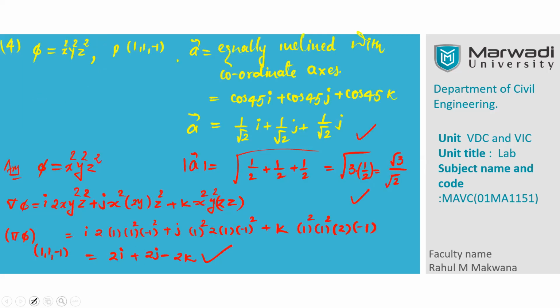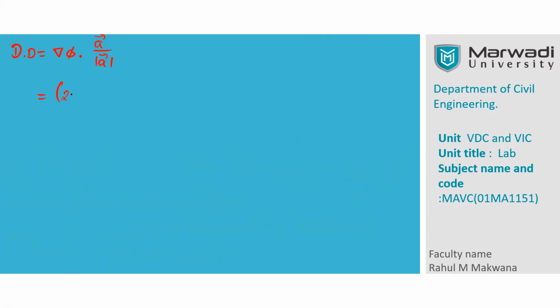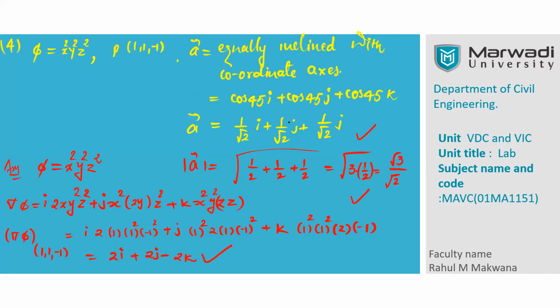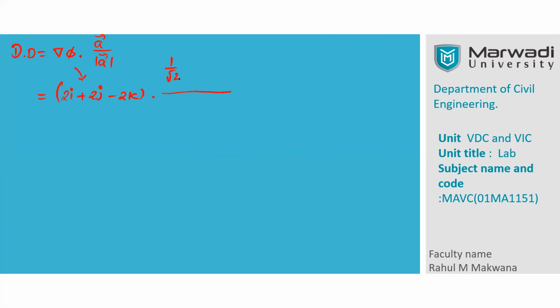This is 2i plus 2j minus 2k, gradient phi, dot product with vector A. So it is 1 by root 2 times i plus j plus k. Okay, I've taken 1 by root 2 common.